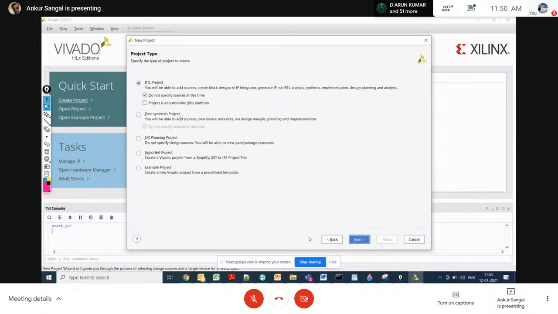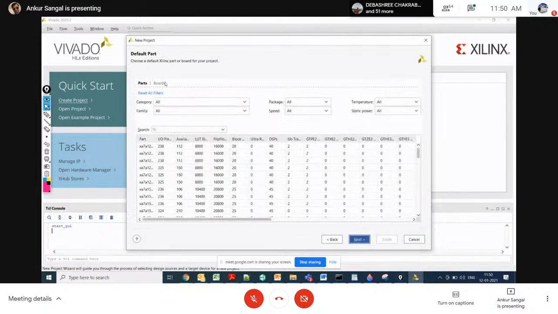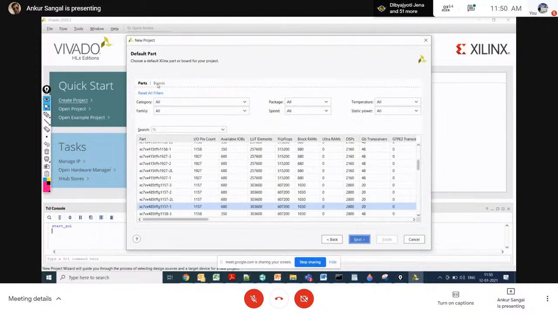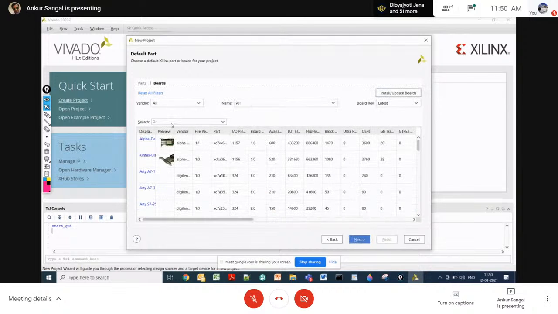So select RTL project and do not specify source at this time. Now you can click on boards. In this board list, the PYNQ-Z2 board is actually available.